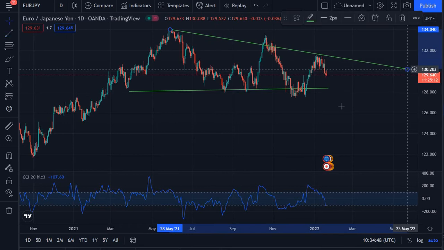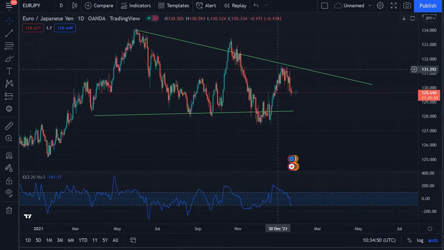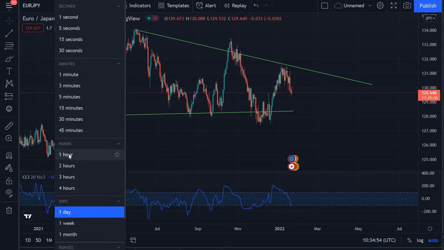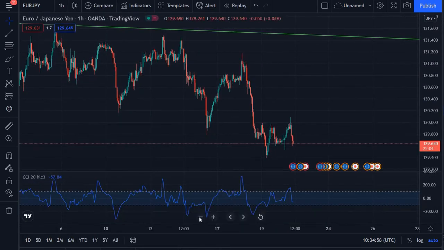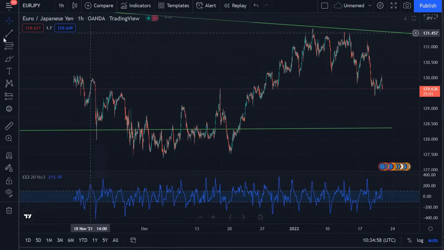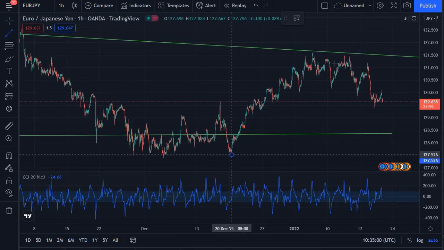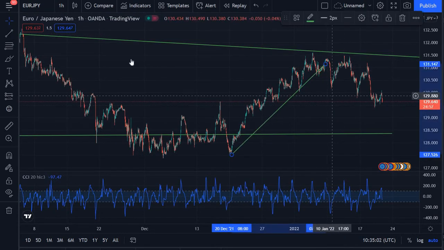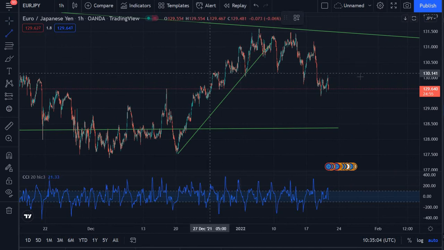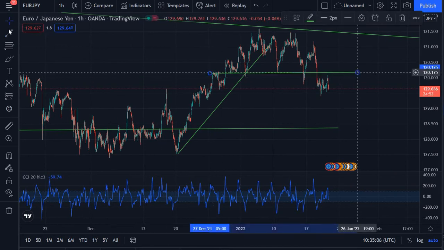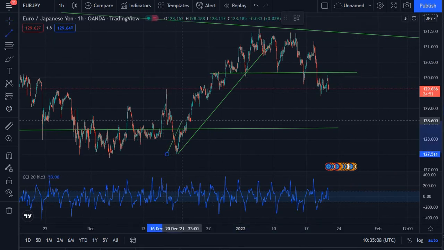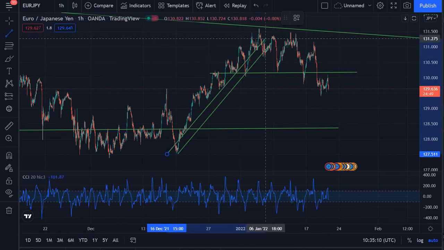Maybe this here kind of lower highs. Checking the 1-hour chart real quick. So here broke this. Here higher highs, higher lows, broke.